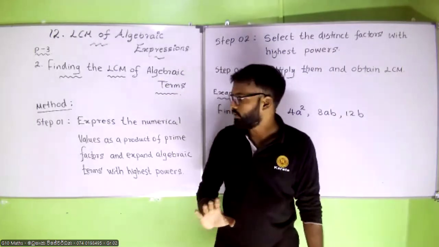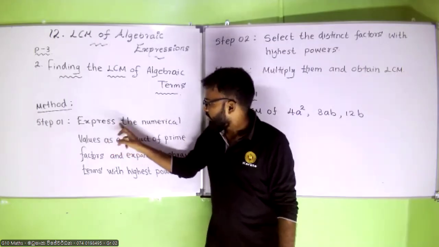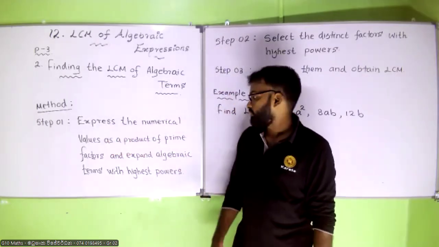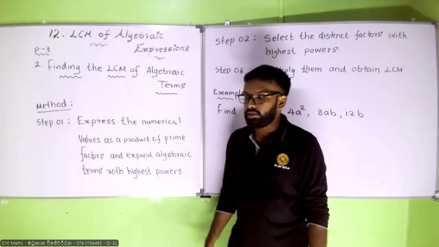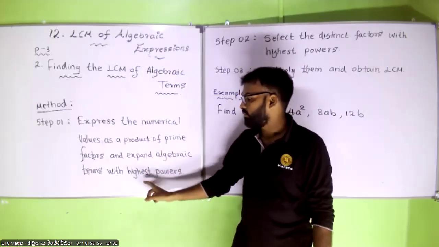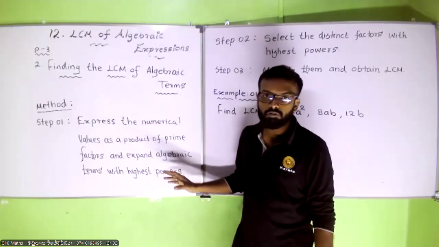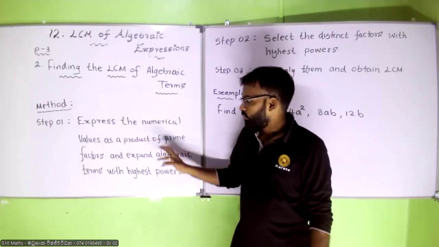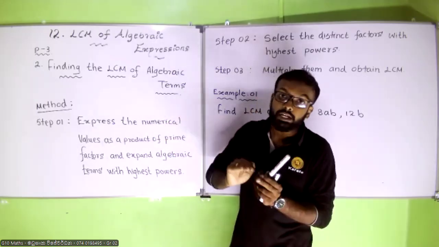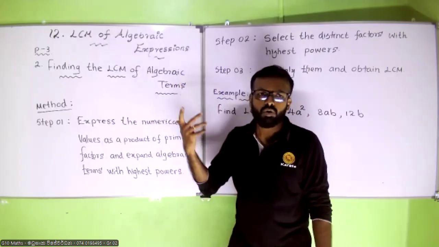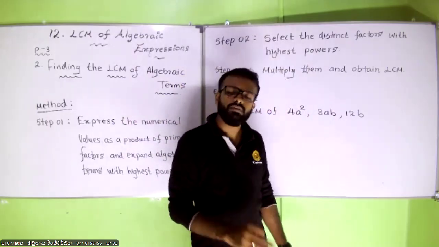Here express the numerical values as a product of their prime factors, and expand algebraic terms with highest powers. Here and here you have to do the same thing. You know how to convert numerical values into the product of prime factors, and you know how to do the rest as well.